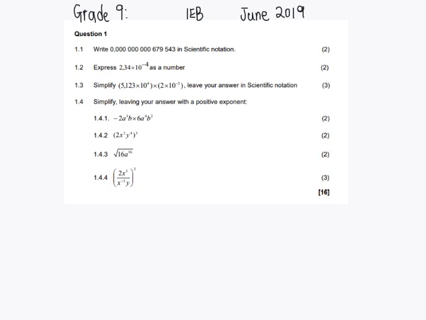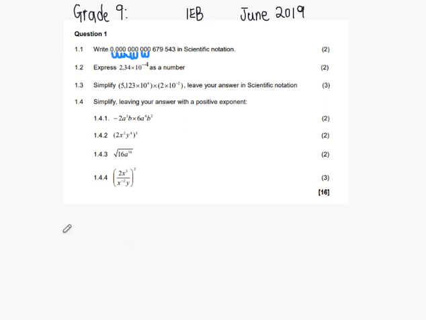So the first question we will be looking at is to write down 0.00000000679543 in scientific notation.